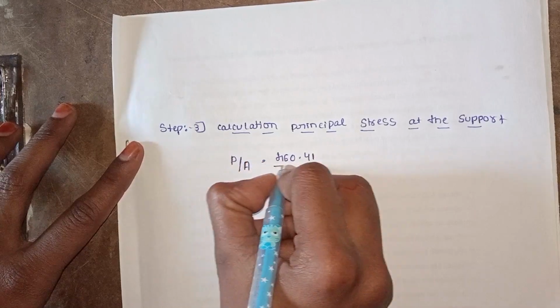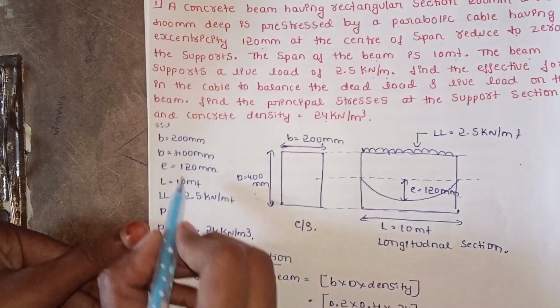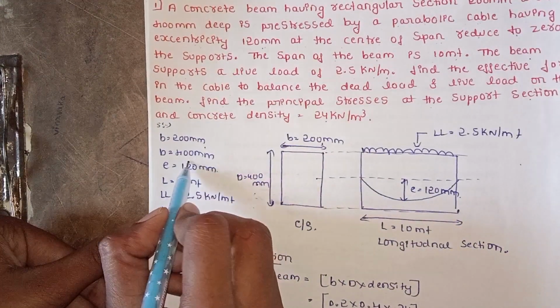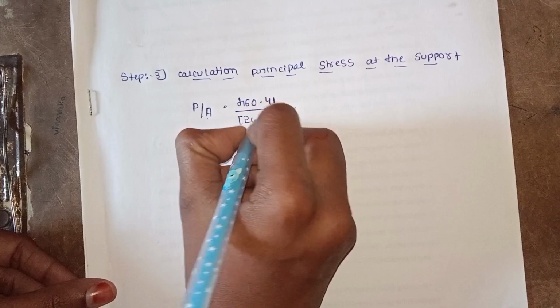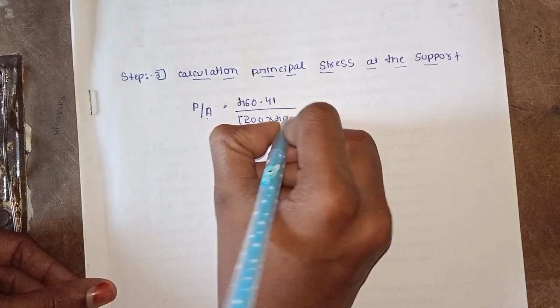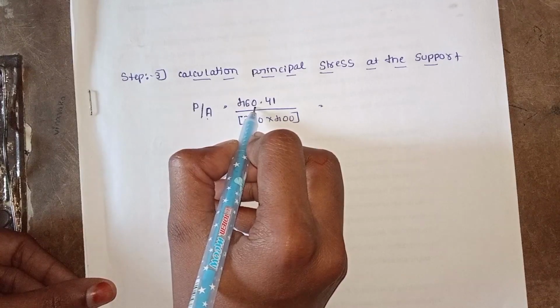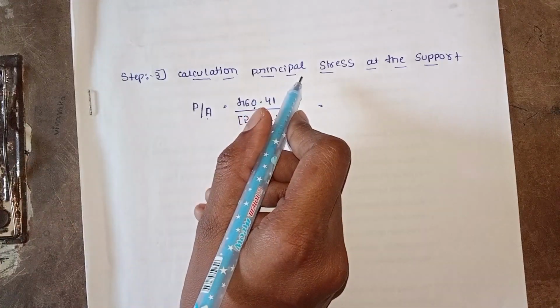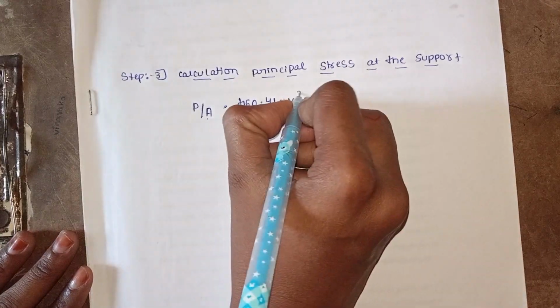Okay, 460.41 kilonewton divided by area. Area means B into D. Okay, B is 200 mm and D is 400 mm. So area is B into D, 200 into 400 mm. Okay, this force is converted into the Newton because stress unit is Newton per mm square. So into 10 raised to 3.